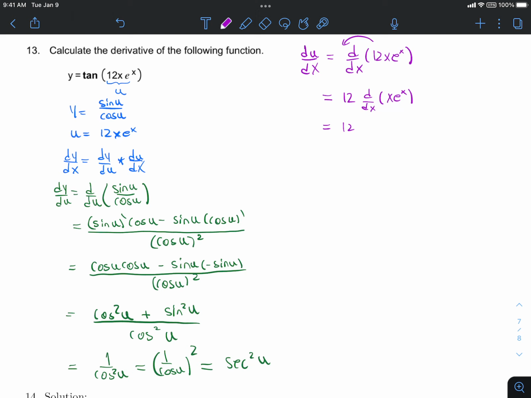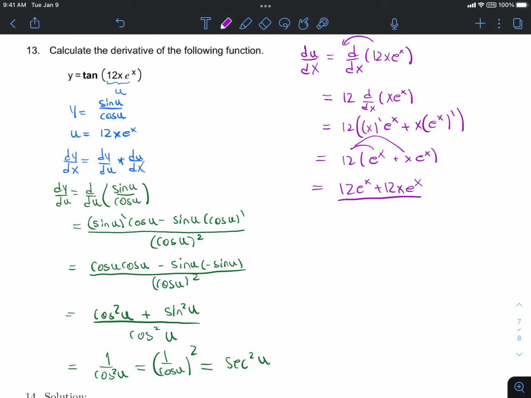And now the product rule is the derivative of the first times the second plus the first times the derivative of the second. So that is 12 times the derivative of x, which is 1, times e to the x, that's just e to the x, plus x times the derivative of e to the x, which is just e to the x. So that's what I have. I can even distribute these over.